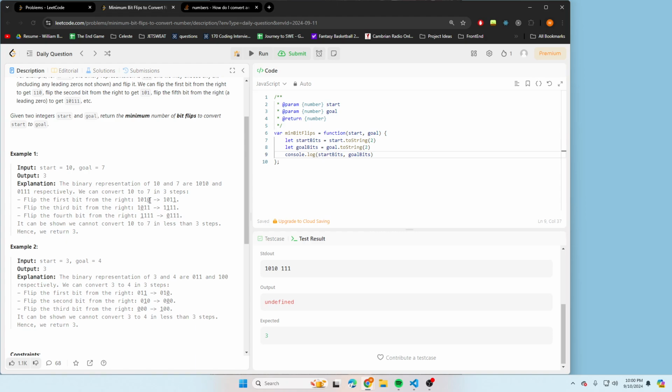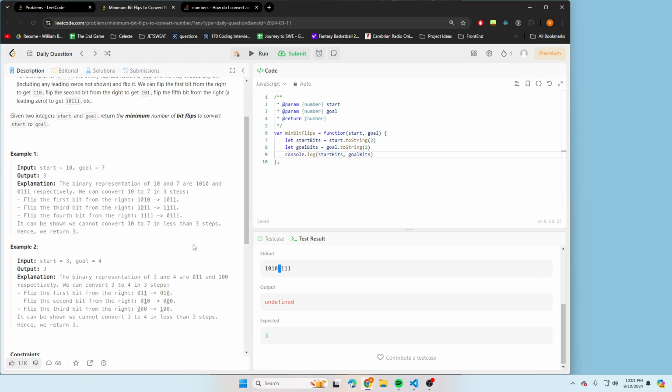So we start from the n. Flip 1, flip 2, and then. Oh my god. What if the length is not equal? Isn't it weird?